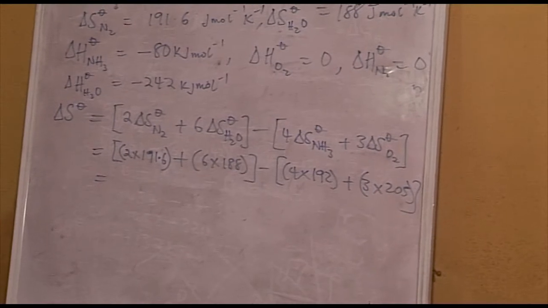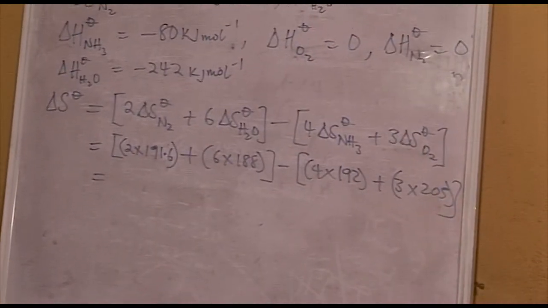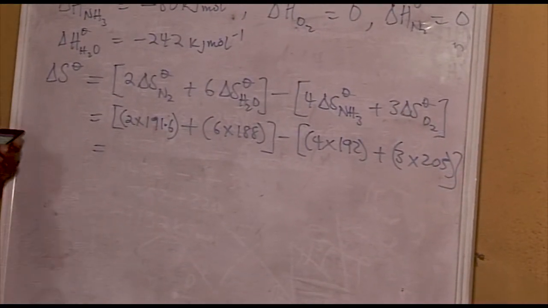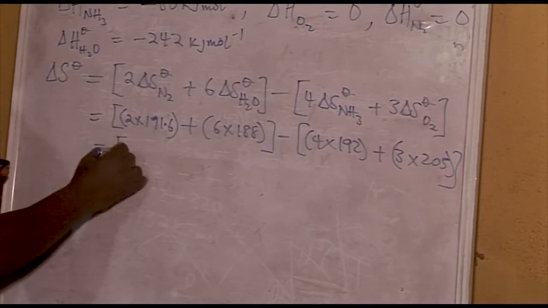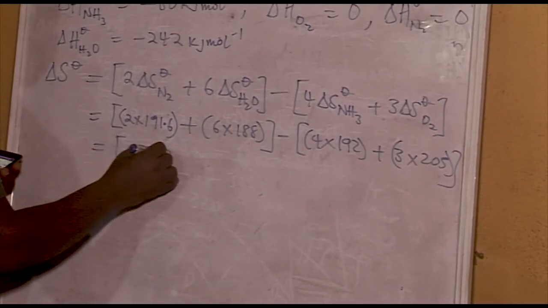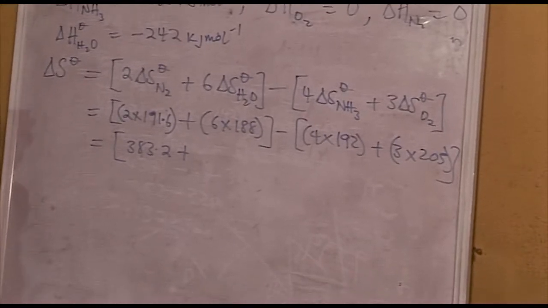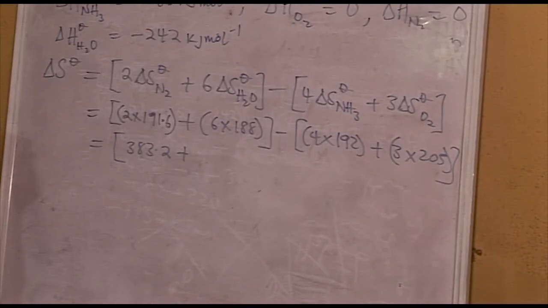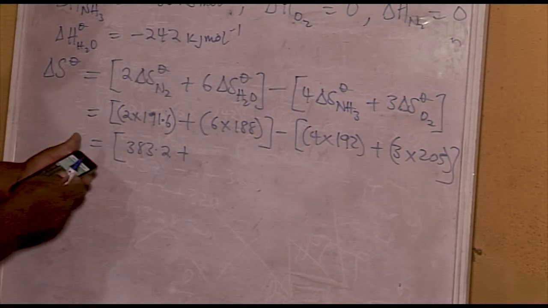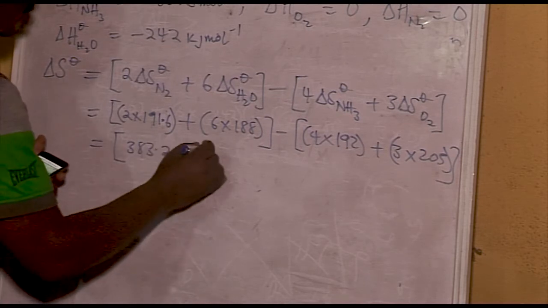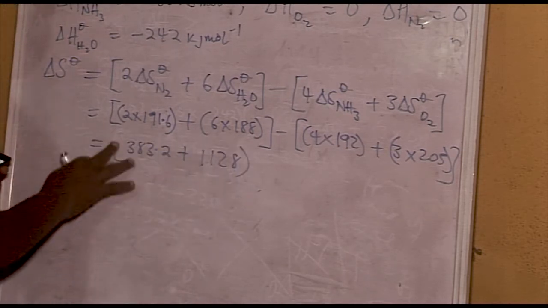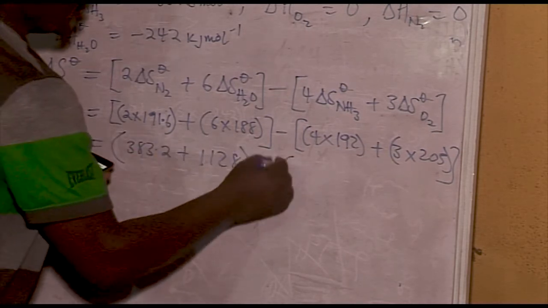So let's punch our calculator. 2 times 191.6, that is 383.2. 383.2 plus 6 times 188, that's 1128.